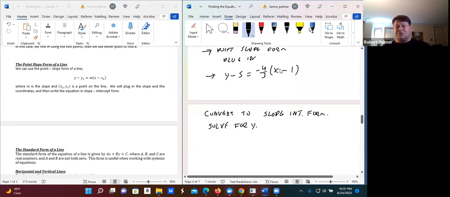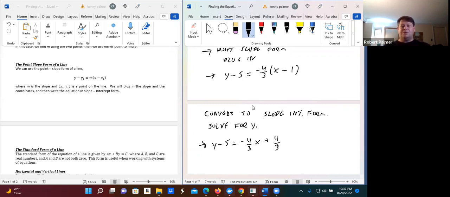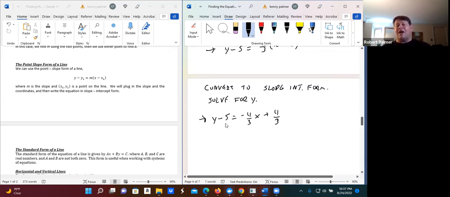So first, let's distribute the -4/3. If I do that first, I have y minus 5 is equal to -4/3 x, and -4/3 times -1 is plus 4/3. So we distributed the -4/3. Now let's add 5 to both sides.